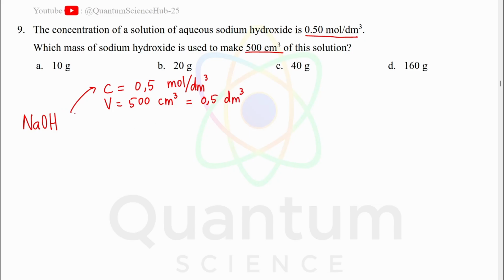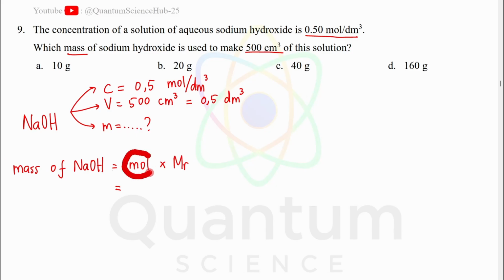The question is asking about the mass of sodium hydroxide. So mass equals question mark. Okay, so how to find the mass of NaOH? The mass of NaOH equals the mole times Mr, right? How to find the mole? Do we know the Mr of NaOH? Yes, we know.